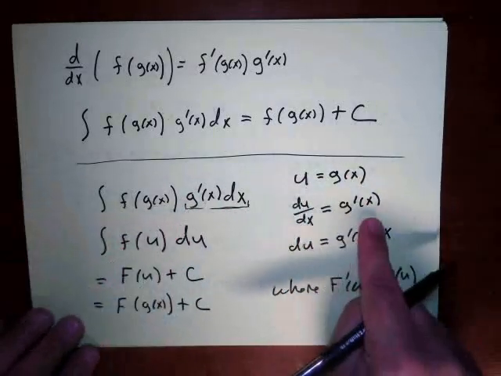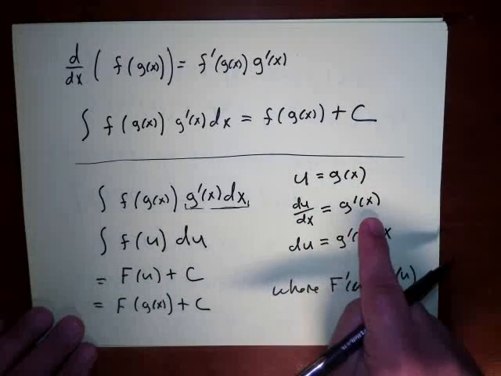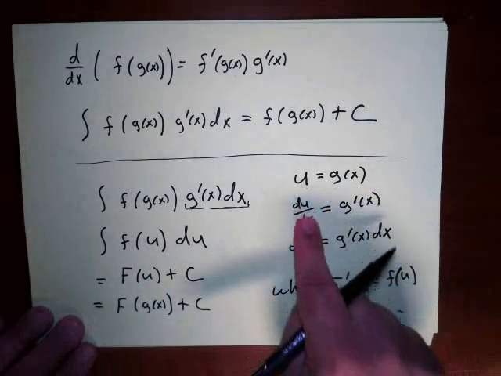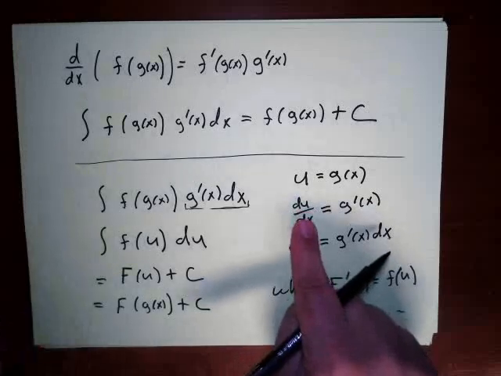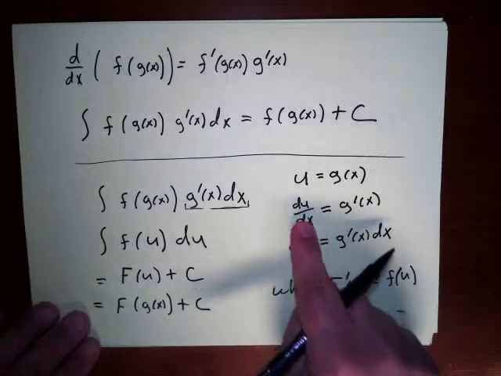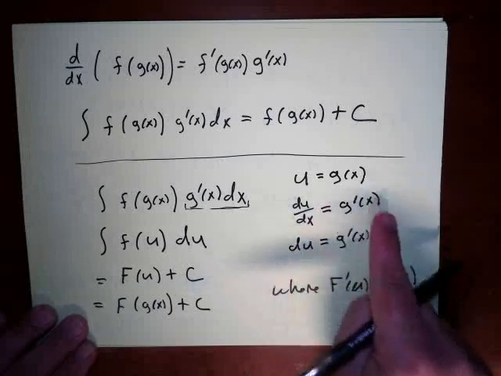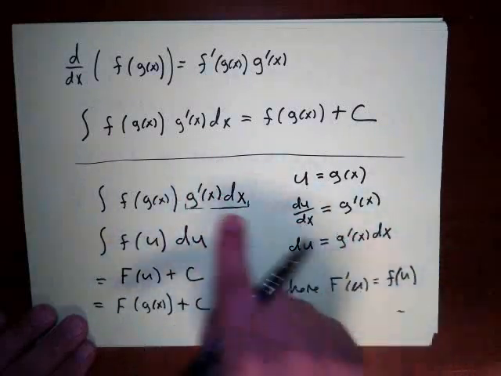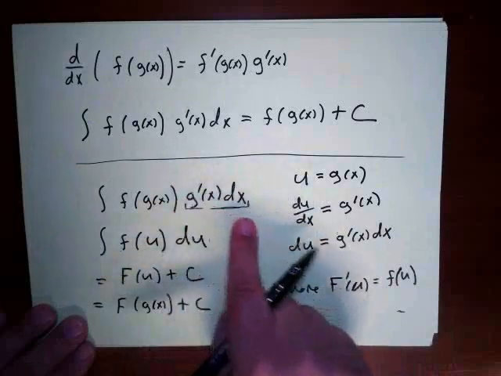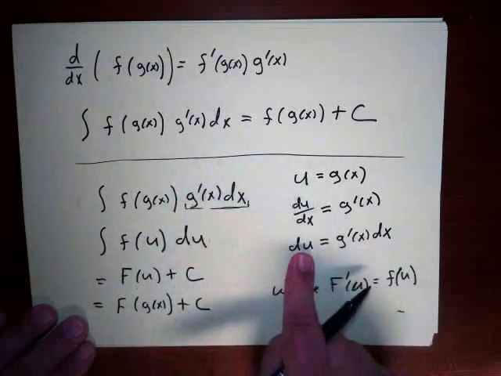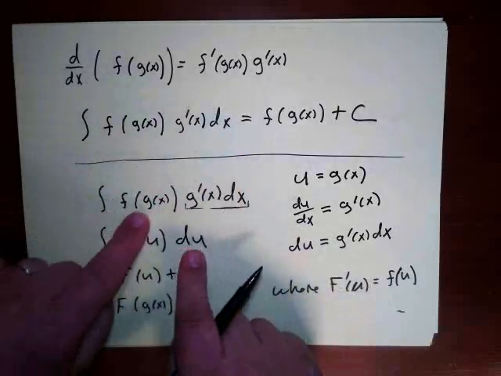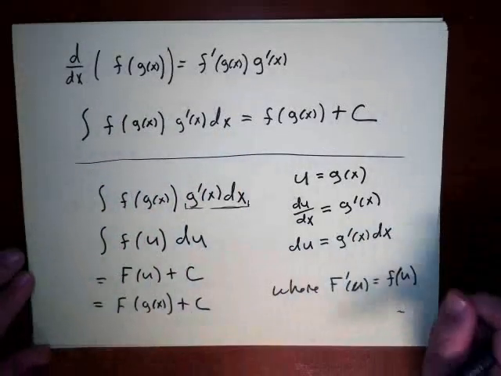You take the derivative of u, then you bring, and this is the weird part, because this is just notation for the derivative, but this works. You can bring the dx over here, and then you get this portion. And what that means is I can substitute this portion in for the du, and then substitute the u in for the g of x, and then I'm simplifying my integral.